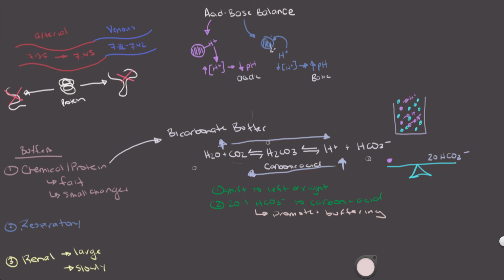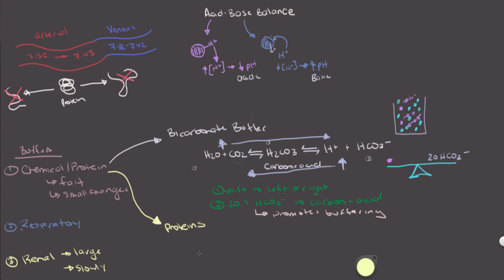The other type of buffer that we're going to talk about in this video is protein buffers. So when we're looking at protein buffers, we're looking at using the proteins within the blood and the body to manage pH. Proteins are compounds that have two different groups on them.